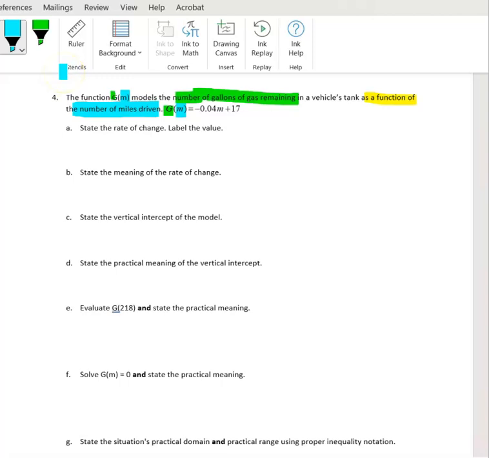Okay, so what is our rate of change? Remember, slope-intercept form is the constant rate of change times the variable. So we know that the constant rate of change is negative 0.04, because this is the part that is in front of the input variable.